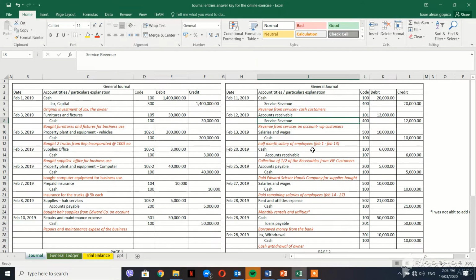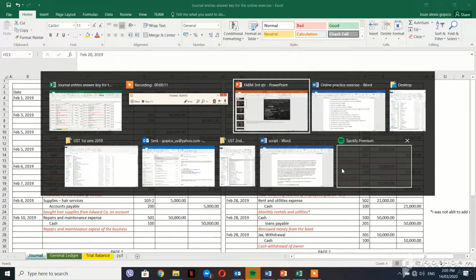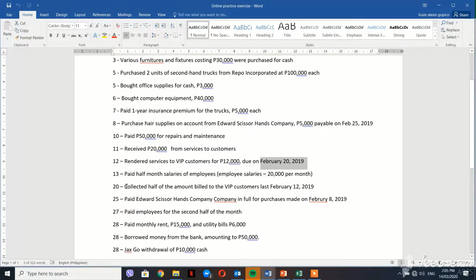So let's look for other examples that I feel like I should discuss. So let's move on to February 20. Okay? On February 20, we collected half of the amount billed to the VIP customers last February 12, 2019.